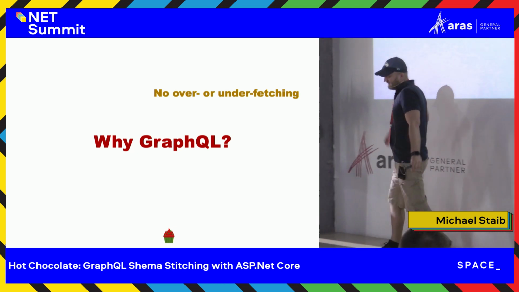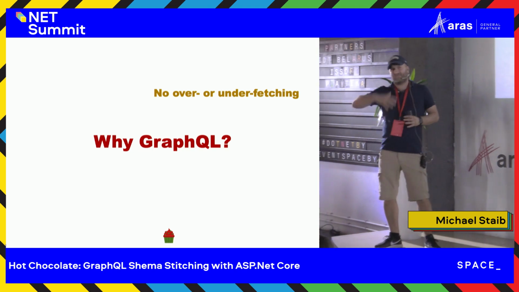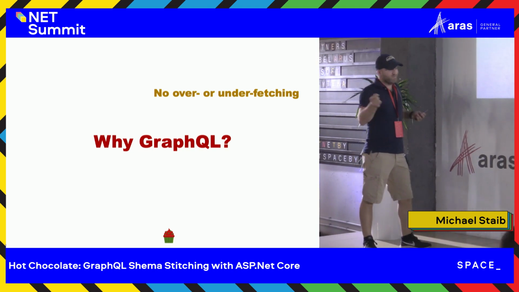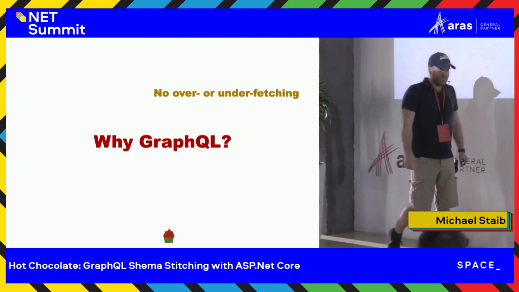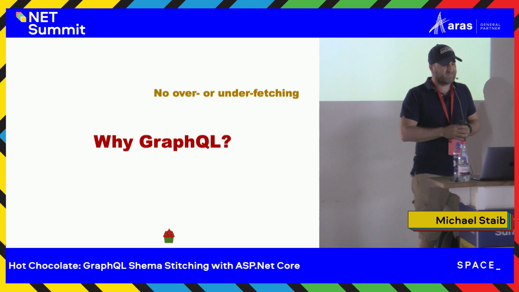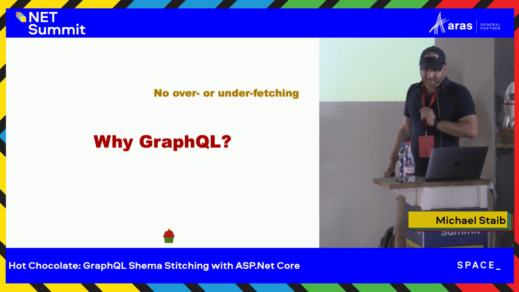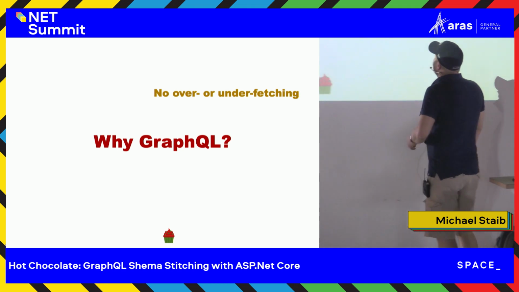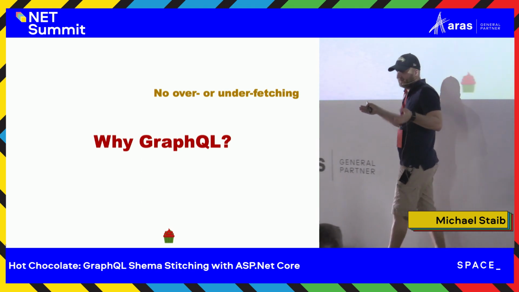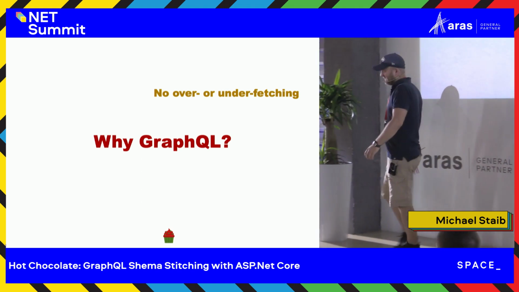Like in the example we saw, I have to fetch the product details, and then maybe I even need a special ID from that product from the first request to fetch the other parts of my API. And it also avoids overfetching, where I have to consume more data than I need, because that is how the REST request was designed.